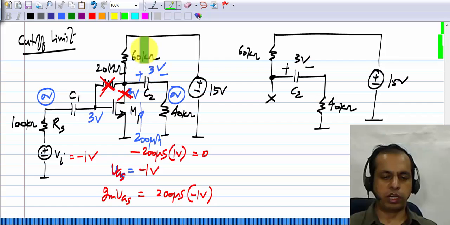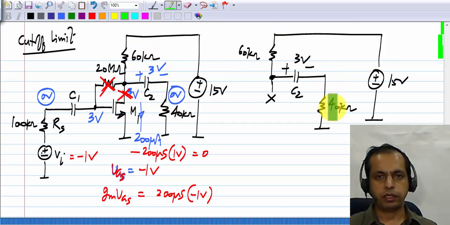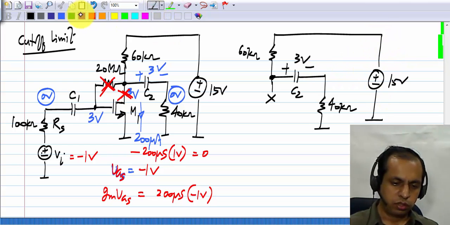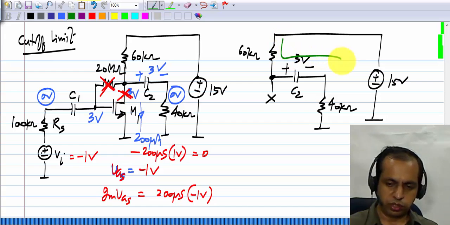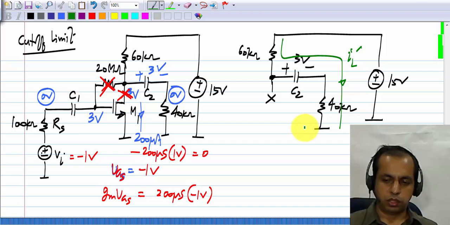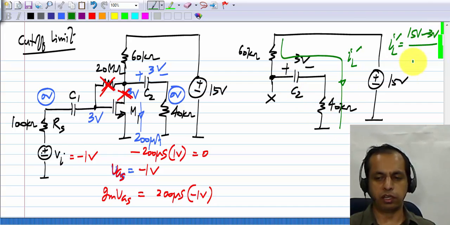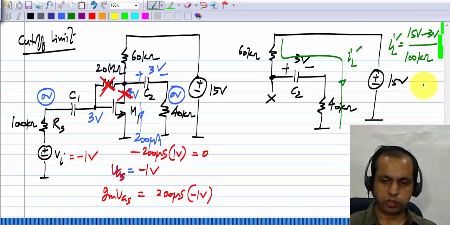So actually you can evaluate the cutoff limit also in this way. In this case you have 3 volts across this and 15 volts applied across the total. So the total current that is flowing this way, let me call that IL prime. IL prime would be 15 volts minus 3 volts divided by the total resistance, which is 100 kilo ohms.